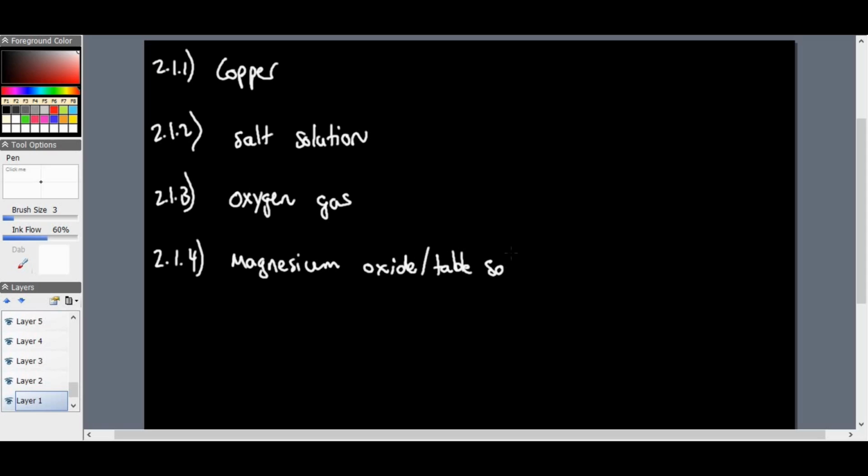Now 25 degrees Celsius is roughly room temperature. As well as sugar. So they threw you off there a bit with the 25 degrees Celsius, but it is roughly room temperature. So table salt and sugar obviously are solids at room temperature.